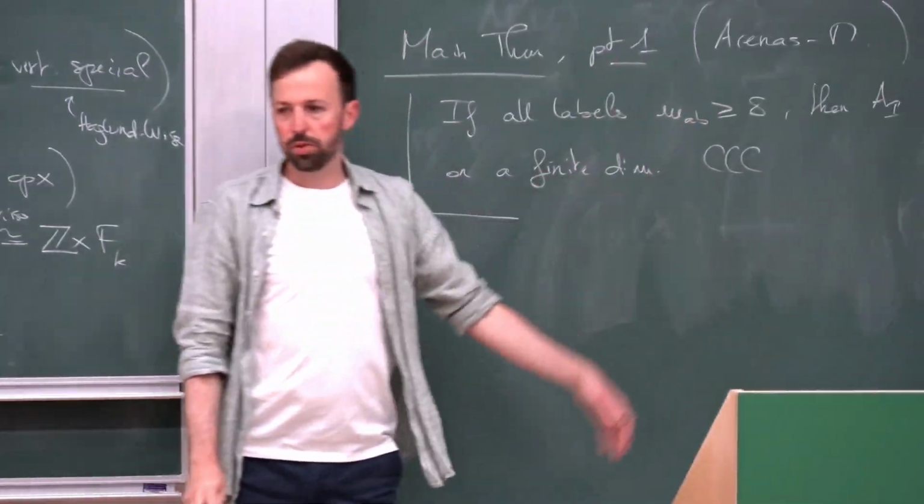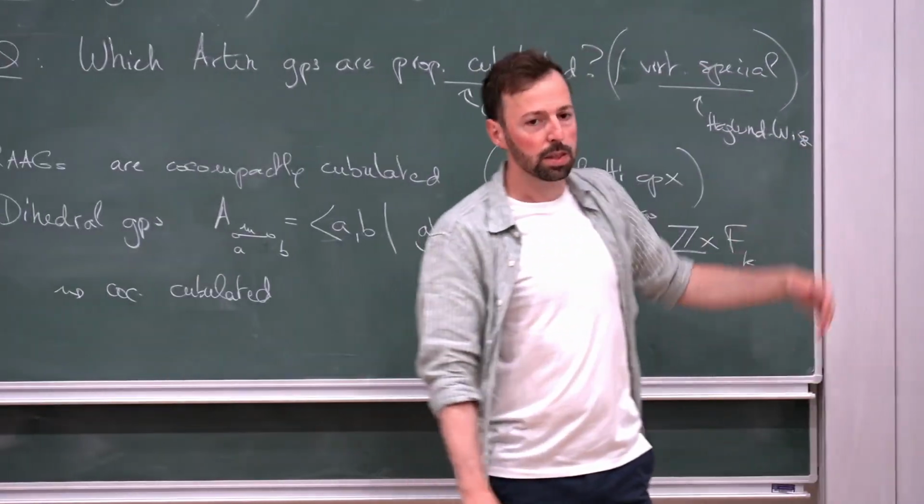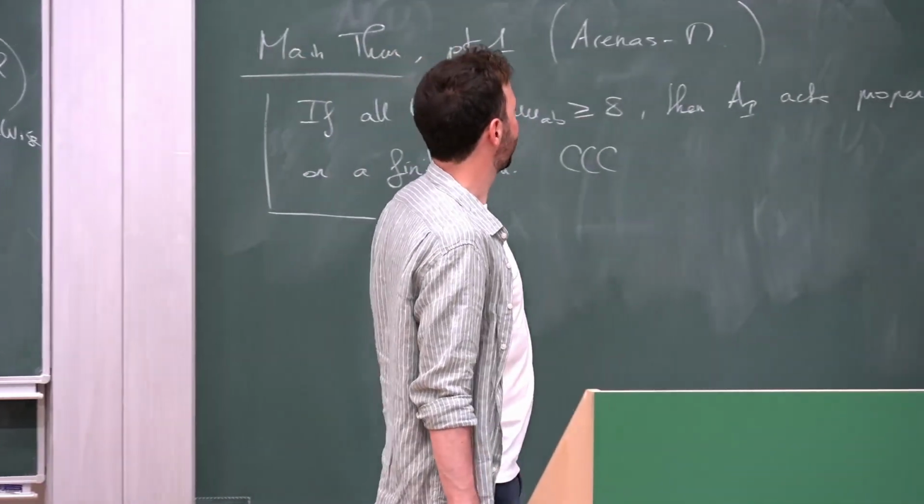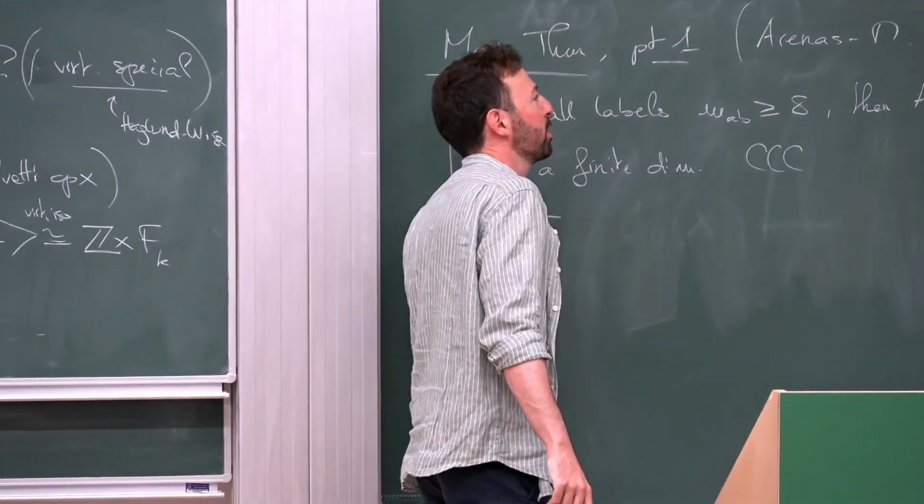All labels at least 3 was large type, and this is referred to as the class of XXL Artin groups, but where all labels at least 8 will work for today.